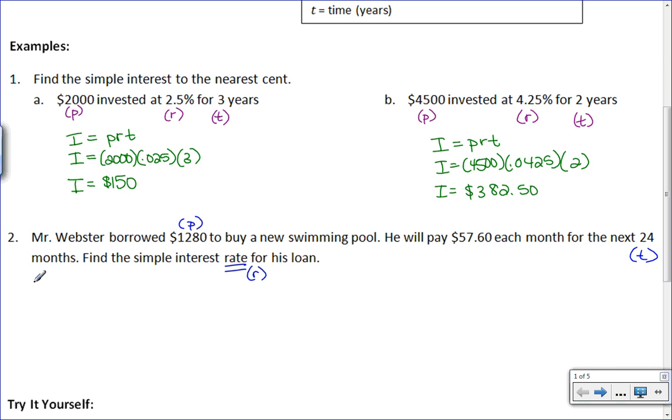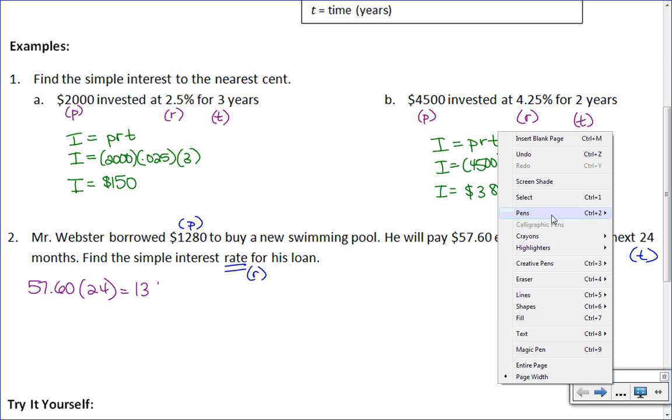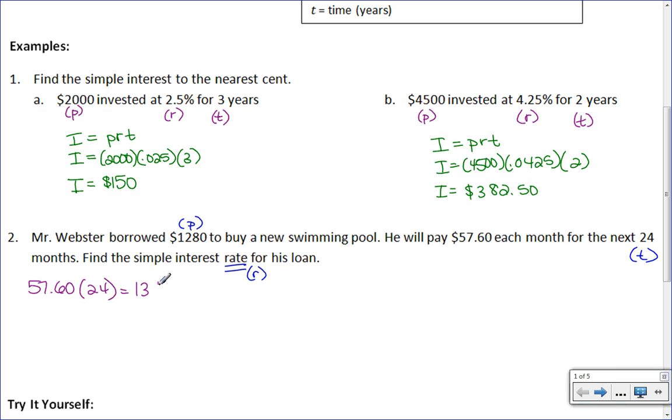So if he's paying $57.60 a month for 24 months, we can multiply those to get the total amount that he'll pay, which is $1,382.40. And then again, the difference between this amount and the amount that he borrowed is the interest.